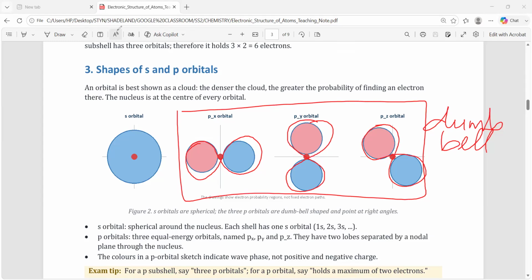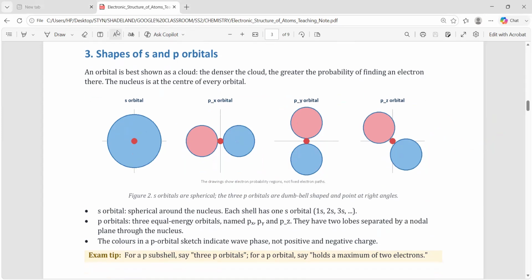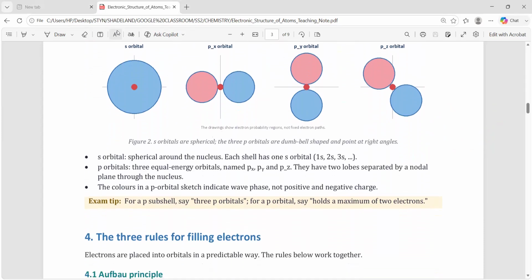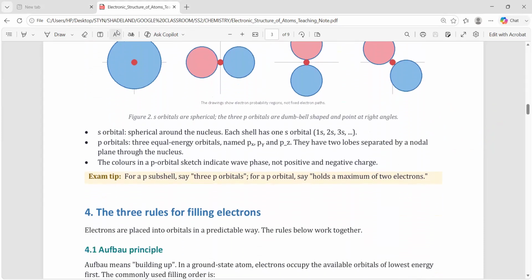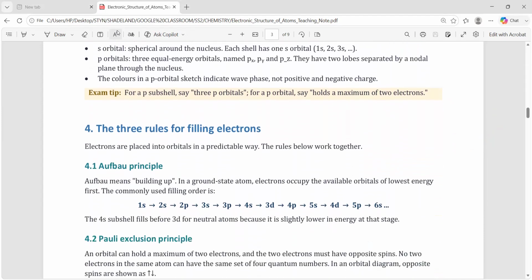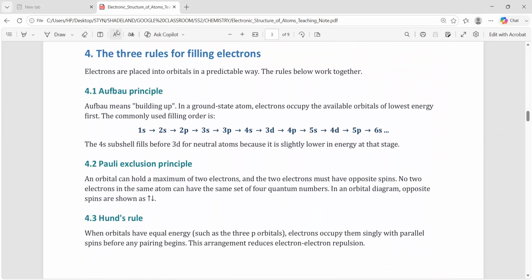As we progress, we are going to understand the structure of the S and P orbitals more. At your level, WAEC will not ask you the structure of any other orbital if not S and P, both WAEC, JAMB, and NECO.